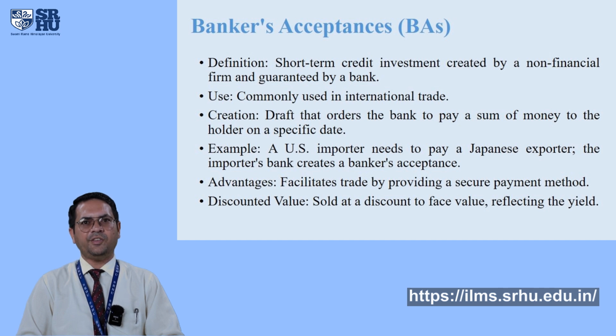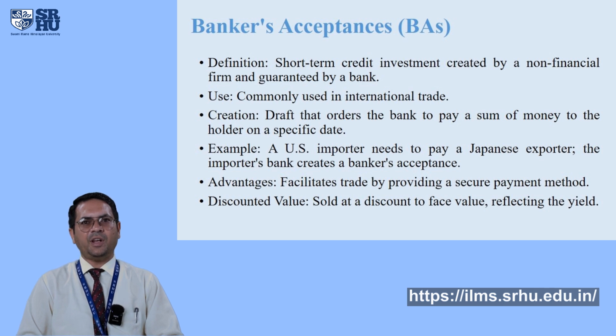The banker's acceptance is created by a non-financial firm and guaranteed by a bank. Let us have an example. Imagine an American importer needing to pay a Japanese exporter. The importer's bank will issue a banker's acceptance and promise to pay a certain sum at a future date.